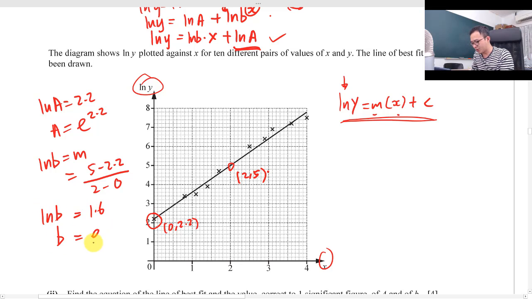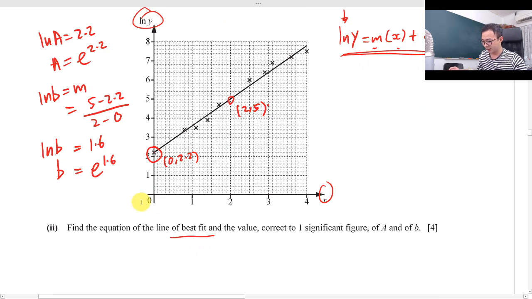So b is equals to e power of 1.6. So the question asked me to leave in 1 decimal. So definitely I shouldn't leave in the e form. I have to type in the calculator and leave in the 1 decimal form. So e 1.6 should give me, alright, 5.0. Yeah, I get 4.95. And then e 2.2 actually will give me 9.0.